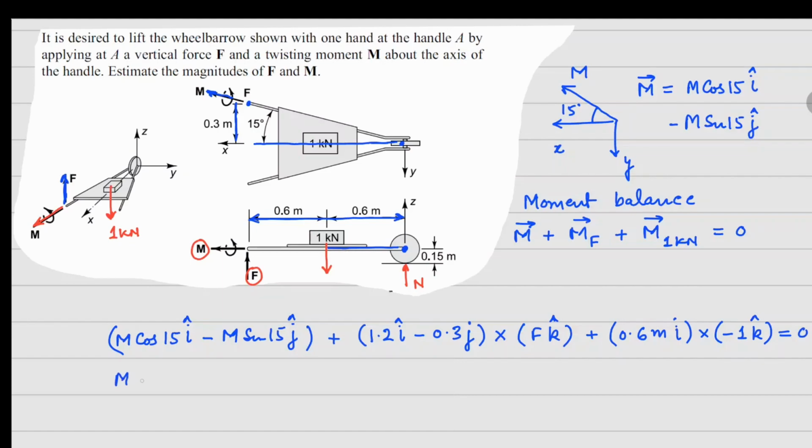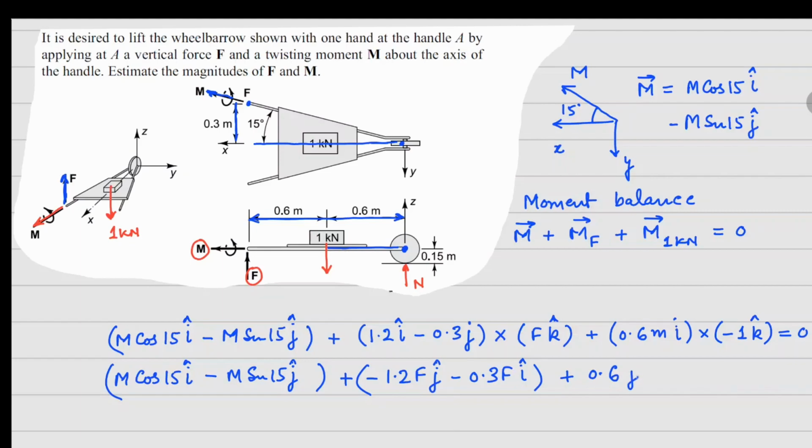So now if you do the cross product, these two terms remain as they are, and this one right here will give us minus 1.2 F j cap and 0.3 F i cap. That's the second term, and the last one here will give us 0.6 j cap, and this has to be equal to 0.